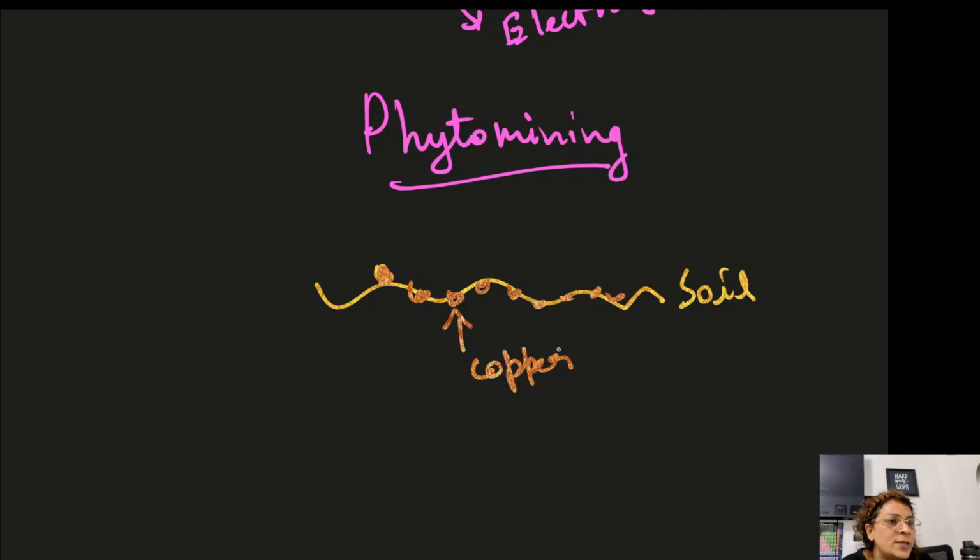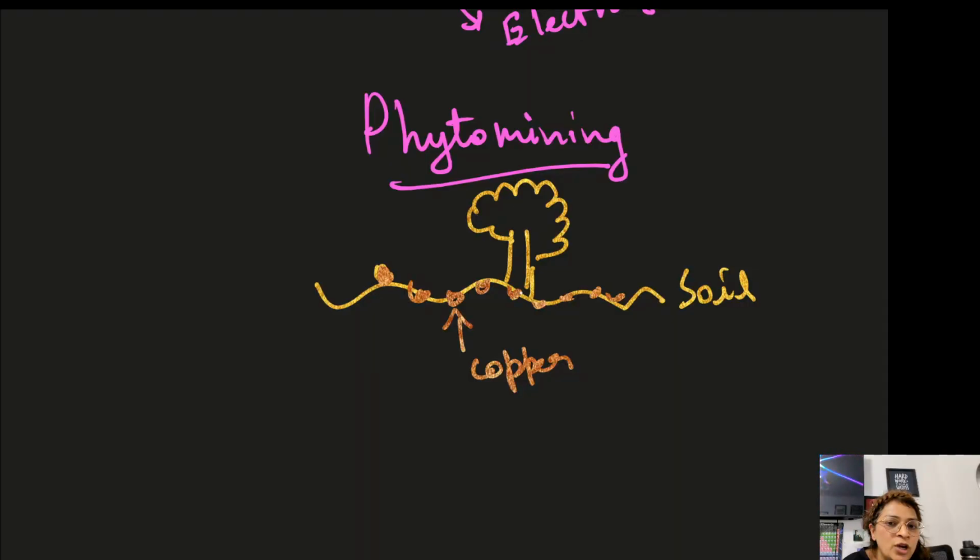Now what happens? Yeah, very good. Okay, listen. Now what you do, you simply grow plants on this soil. And tell me in the chat, what will happen with the copper?